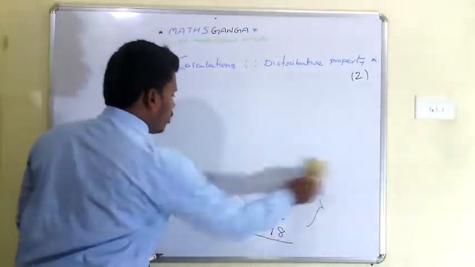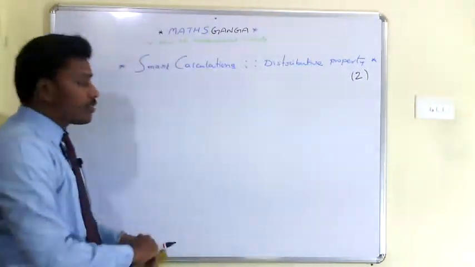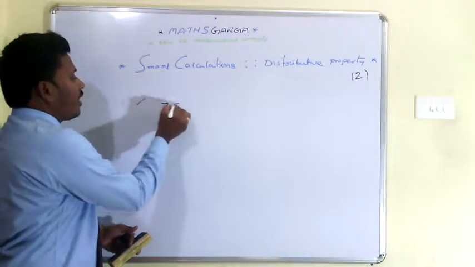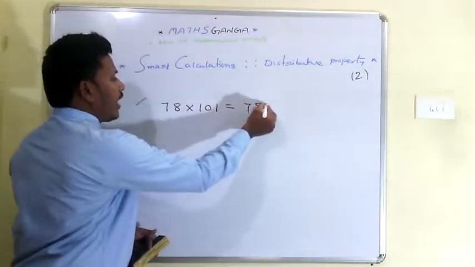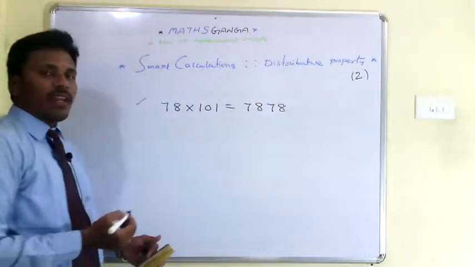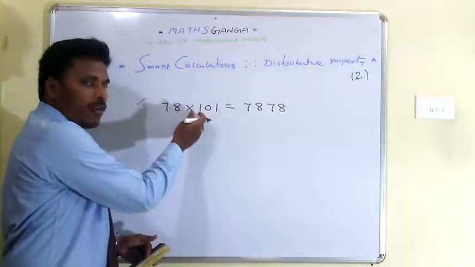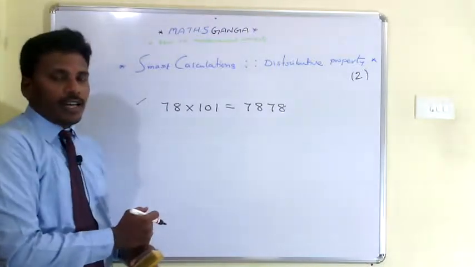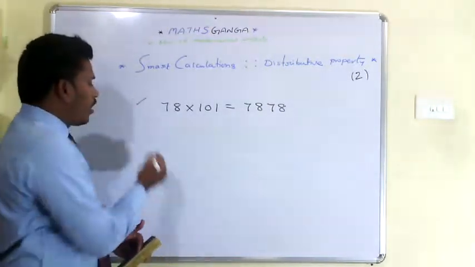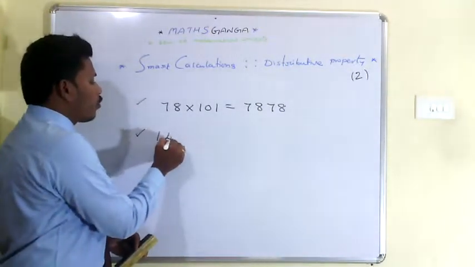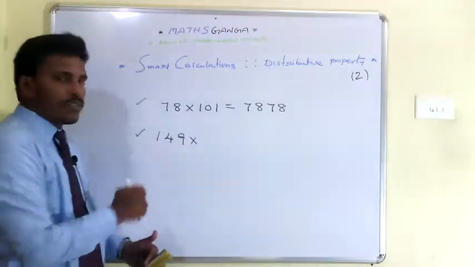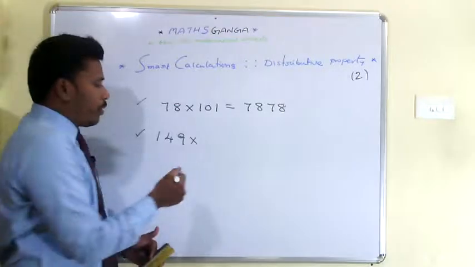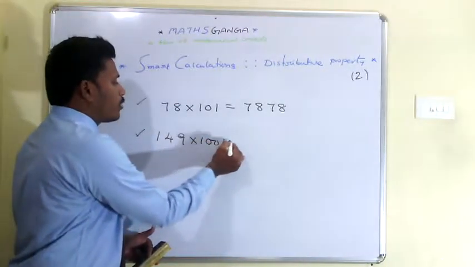Now observe it. For 78 into 101, the result is directly 7878. In the same way, we will announce the answers for these types of questions. Something like 149 into, since I have 3 digits, I need to take 10 cube plus 1, that is 1001.